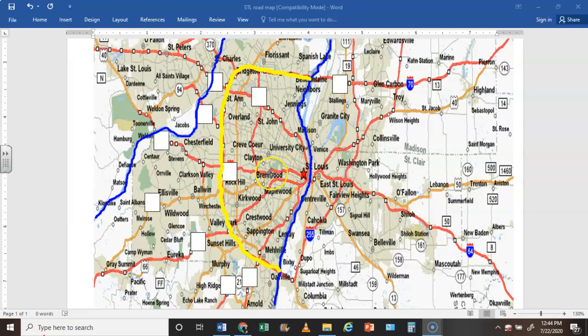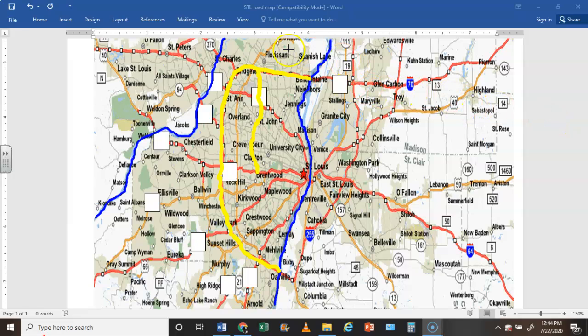The other interbelt starts right here above the B in Brentwood and then goes north and runs into a couple different highways before dead ending into Highway 270, and that is Highway 170. So Highway 170 and Highway 270 are the interbelts that I'm going to want you to highlight and identify.